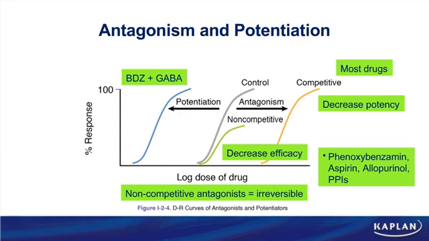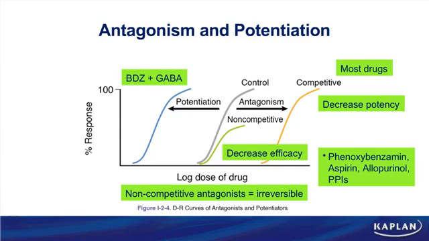So imagine GABA is your control, and the example of potentiation is GABA plus a benzodiazepine. In this case, the curve shifts to the left. If you look at the word potentiation, it almost has the word potency built into it. In fact, I'm going to increase potency when I shift to the left. In other words, it doesn't take as much GABA to get the same effect in the presence of a benzodiazepine.